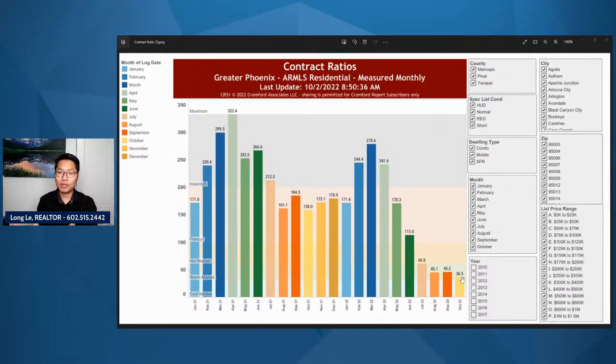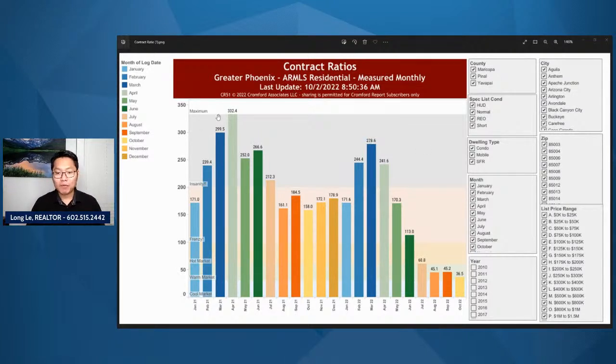That shows you the comparison between supply and demand, the supply and demand relationship. The lower it is, the less demand there is. The higher the number, the crazier the amount of demand on the market.